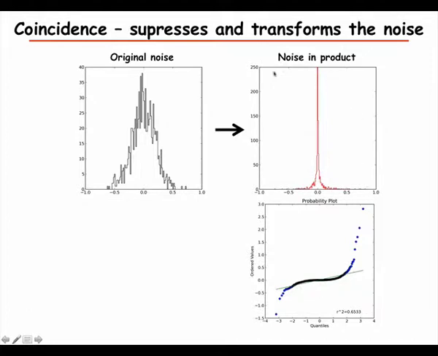So that's something that one has to worry about. So coincidence measurements do suppress noise, but one has to then deal with the fact that it also transforms it from a normal distribution to something that's much more difficult to deal with.